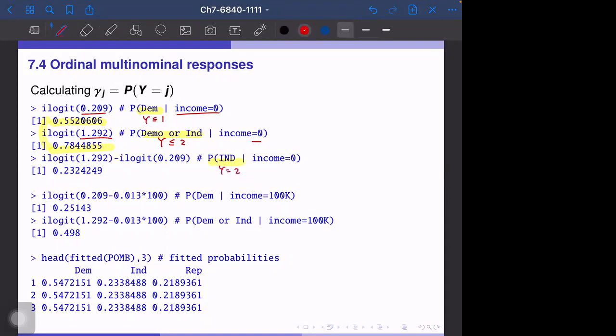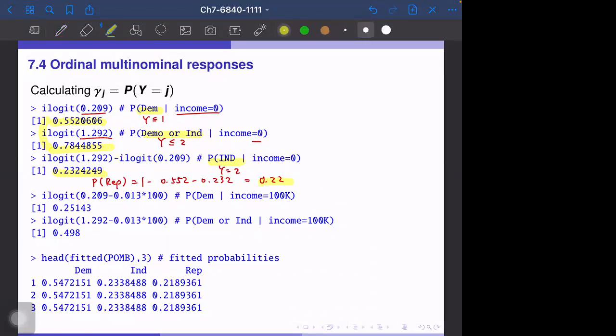So that probability is 0.23. And the probability of Republican is 1 minus 0.784, so probably 0.22 or something. I don't calculate it exactly, but you can get it.